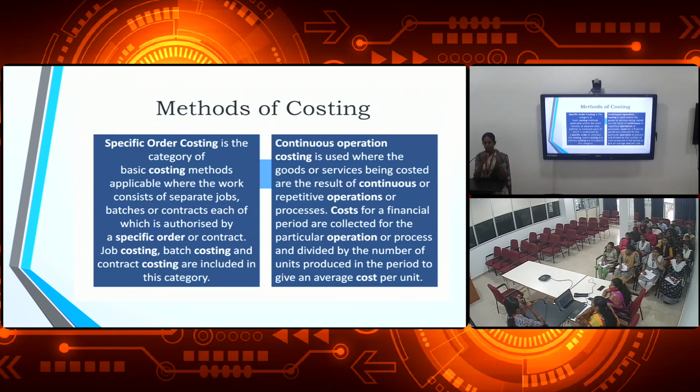If it is a continuous process within a particular company itself, then that can be categorized under continuous operation costing. If it is outsourcing type, or if we are running only an apparel industry, manufacturing apparels, and the yarn, the fabric, the trims and accessories are outsourced, then that industry will come under specific order costing.